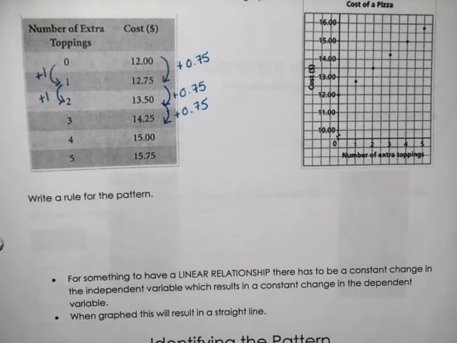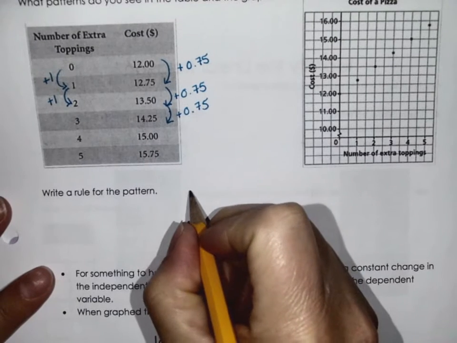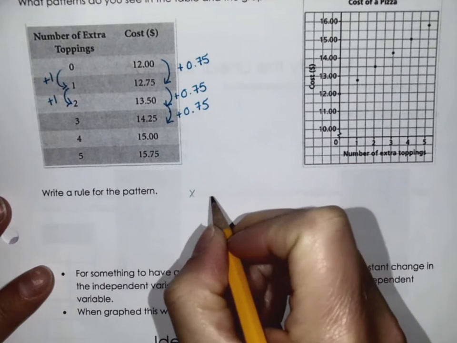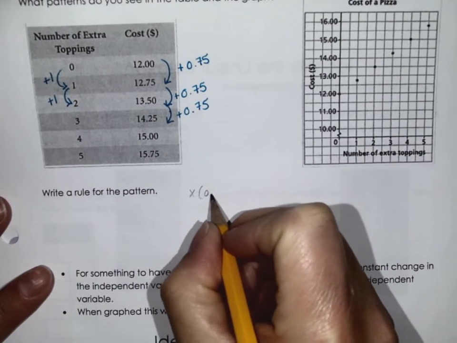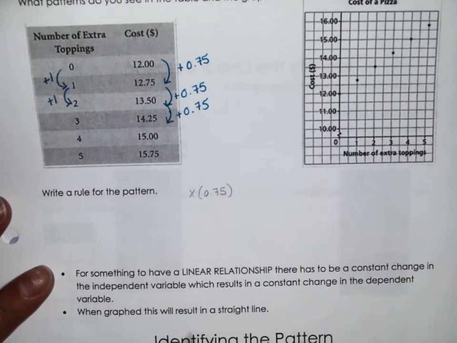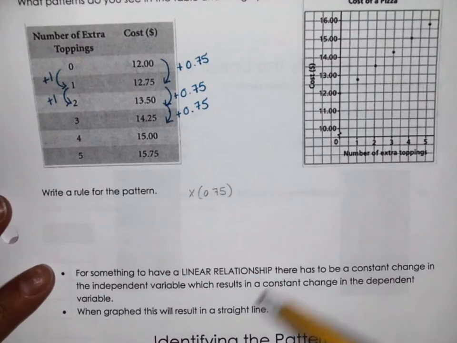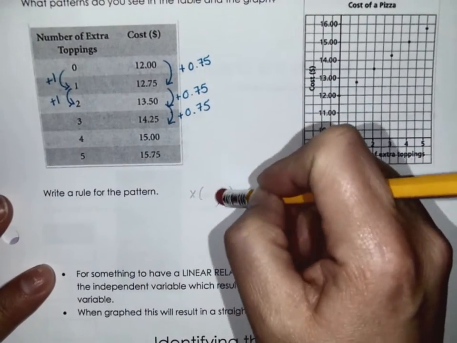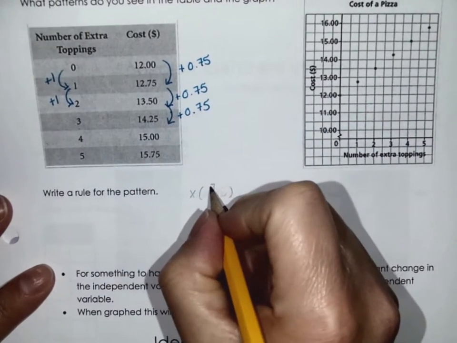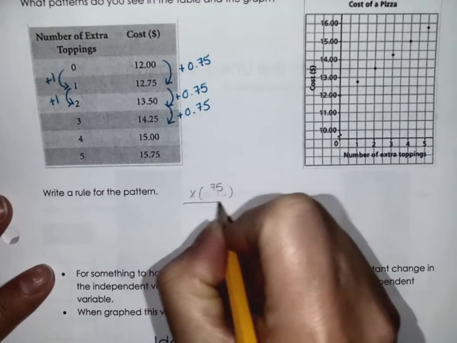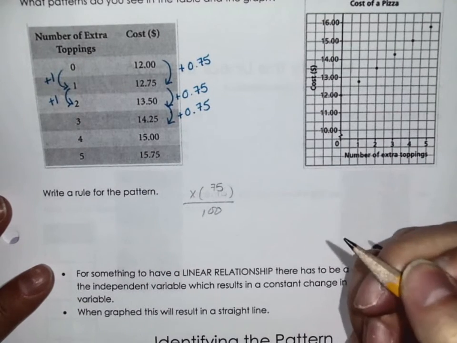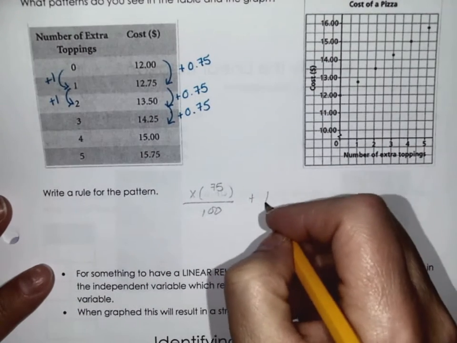No, I don't need the explanation, just say the statement again. X times 75 divided by 100 is the whole thing, yeah? Okay, and then we add 12 to it.